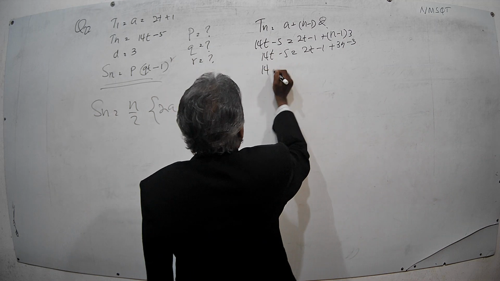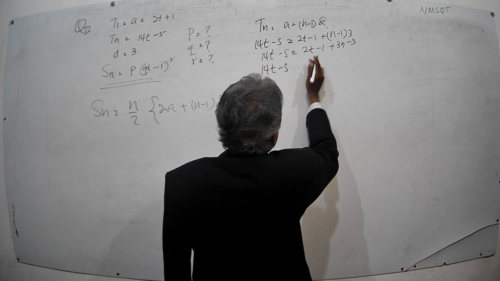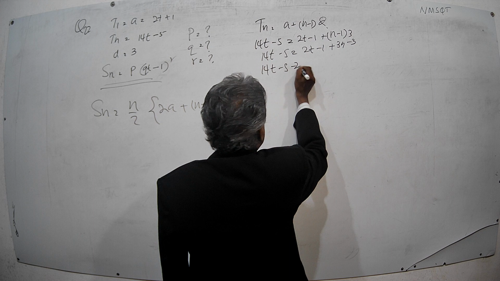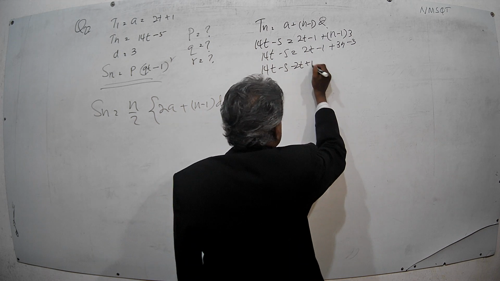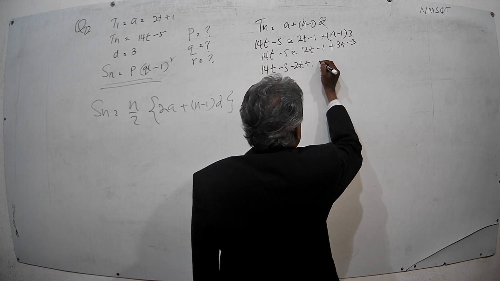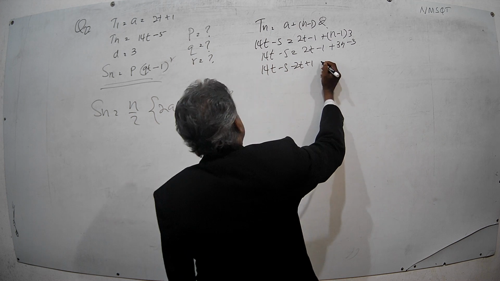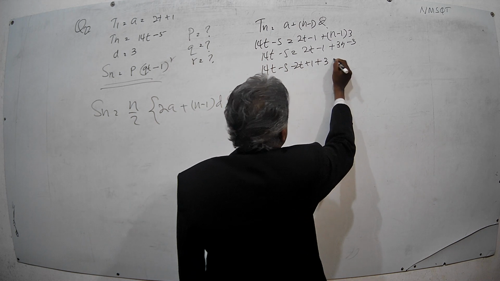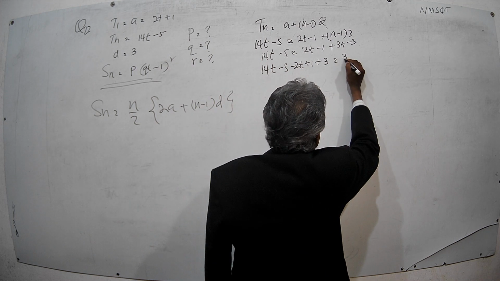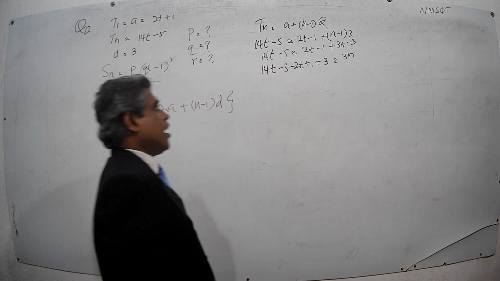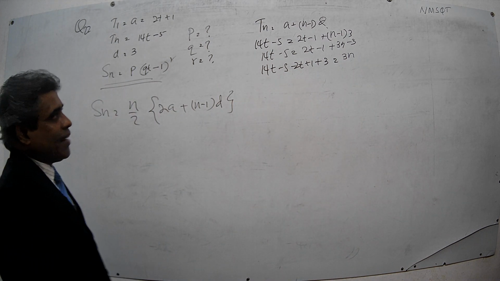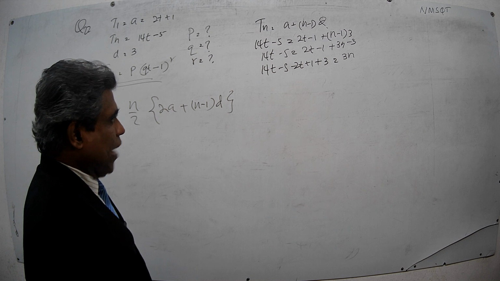Then you get here 14t minus 5, then 2t comes here, becomes minus 2t, plus 1 comes here, becomes minus 1, then minus 3 is brought here, and it will become plus 3, and equals what is left on this side, 3n, right? Okay. Now we are going to make n the subject.